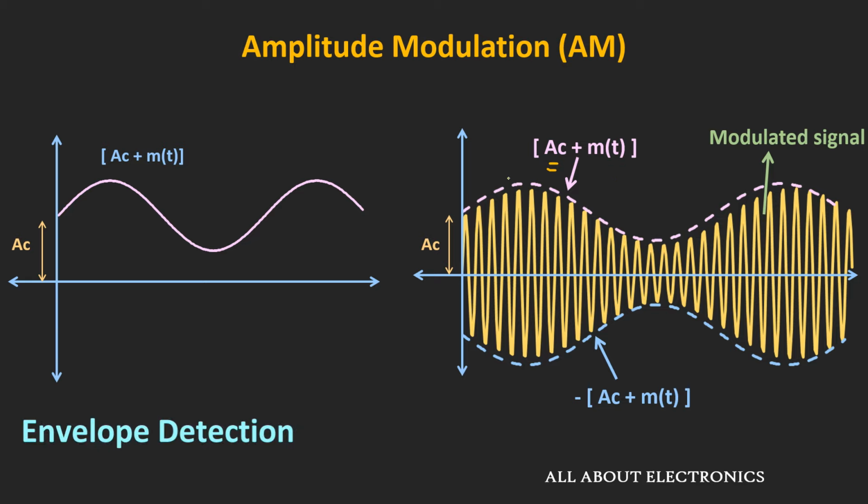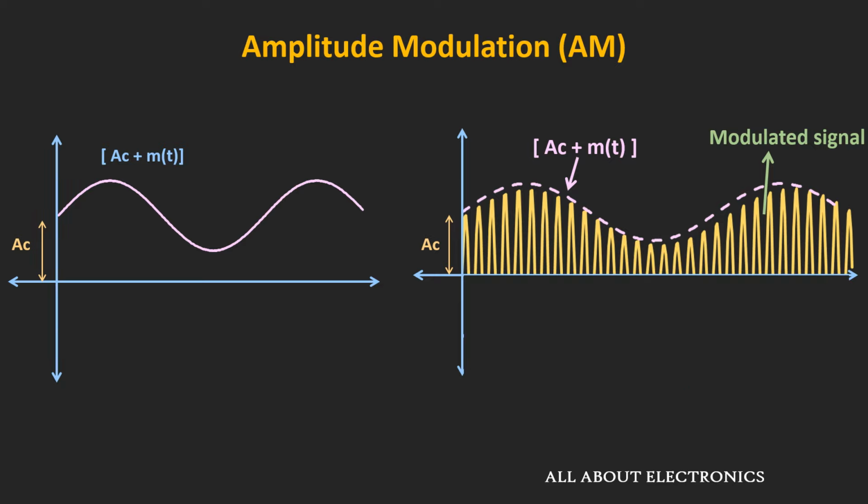This technique is known as envelope detection. In this technique, the modulated output is first passed through a rectifier, and this rectifier allows only the positive side of the modulated signal. Passing this signal through an RC filter, it is possible to recover the envelope.